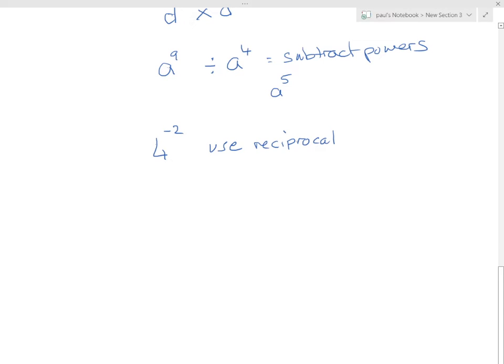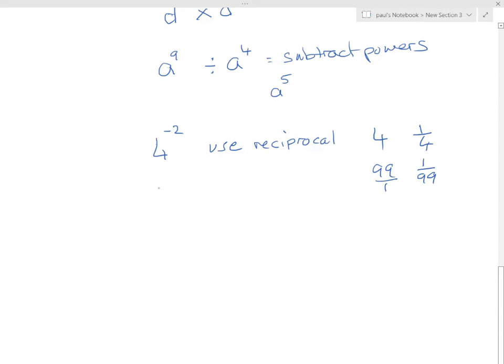Now the reciprocal just means 1 over, turn it upside down. So for example, the reciprocal of 4 is 1 over 4. The reciprocal of 99 is 1 over 99. That's all you do. And you can go the other way: 1 over something, the reciprocal is just a regular number, because it would be 99 over 1, but we wouldn't need that, would we? We'd just call it 99.